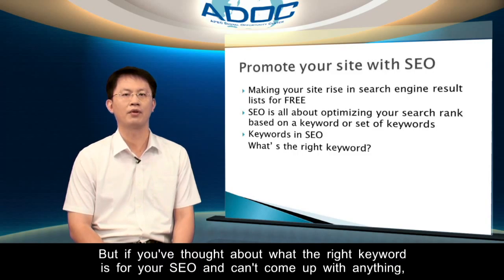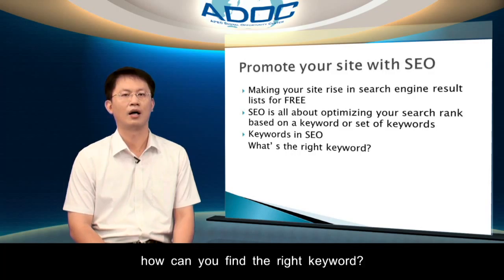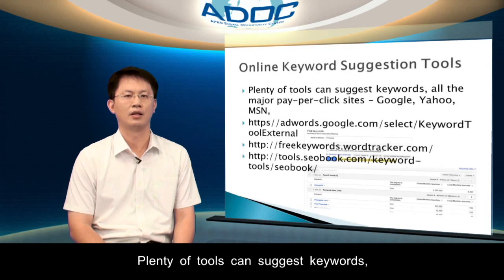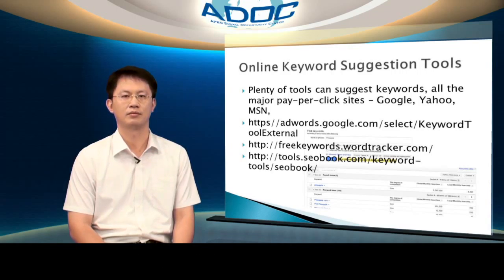But what if you have not thought about what the right keywords are for your SEO and can't come up with anything? How can you find the right keywords? Plenty of tools can suggest keywords.